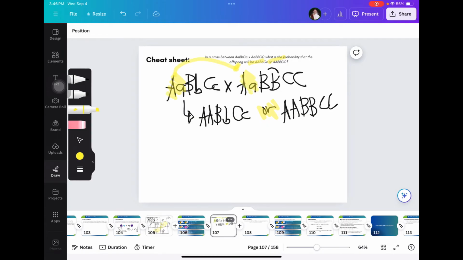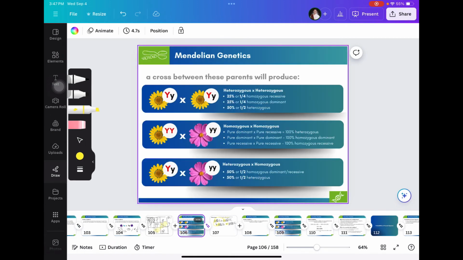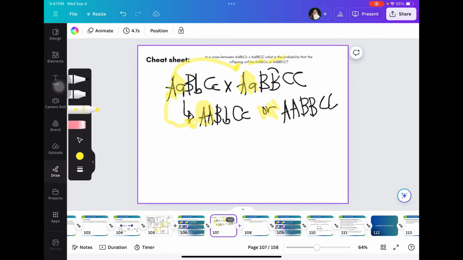This is a cross between heterozygous parents. And we wanted to know, if we cross two heterozygous parents, what is the probability of the offspring having a homozygous dominant trait. Technically, the answer is 1/4.